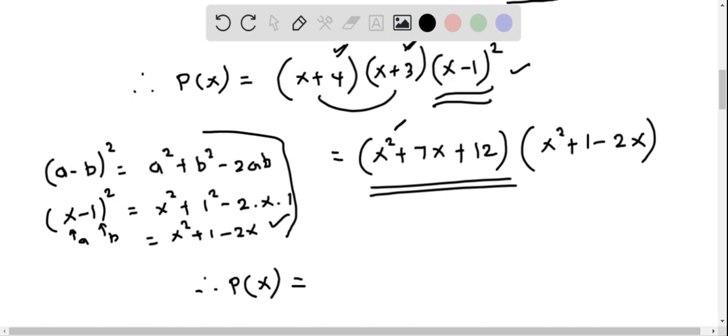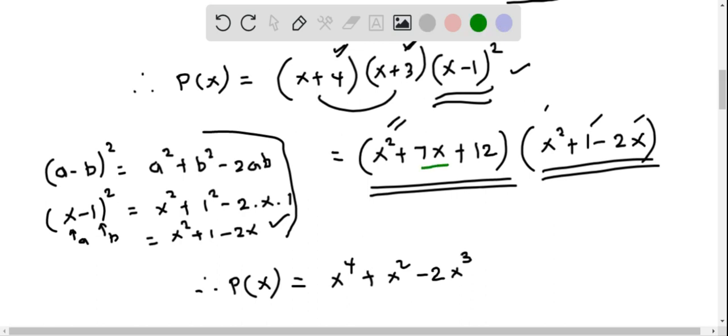So first I consider this x squared and then multiply with all the three terms in the second brackets. So x squared times x squared is x power 4. Then x squared times 1 is 1x squared. And then x squared times negative 2x is, I put this negative 2, and x times x squared is x cube. Now I consider the second term, that is 7x, and then multiply with all the three terms in the second bracket.